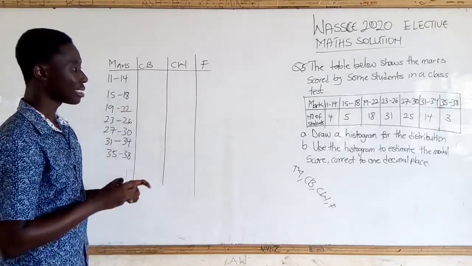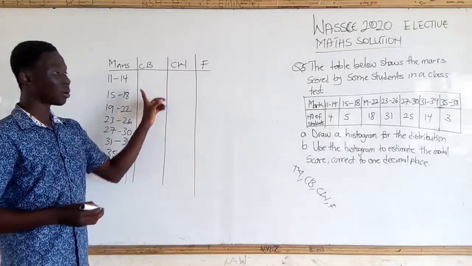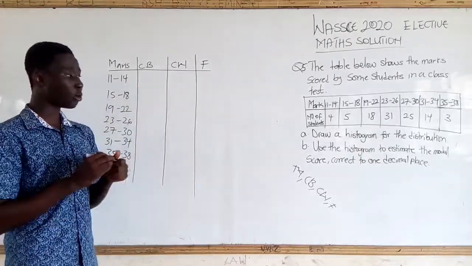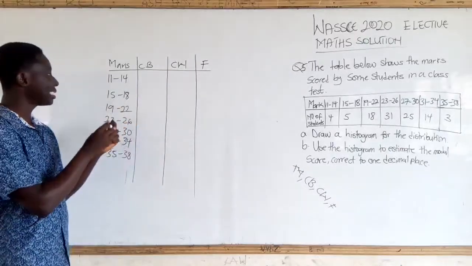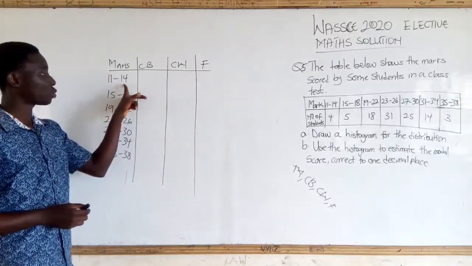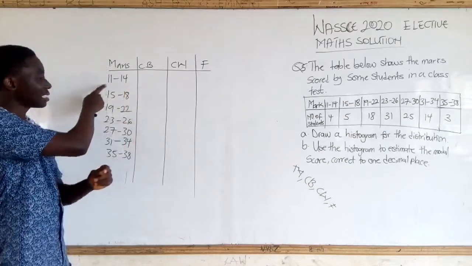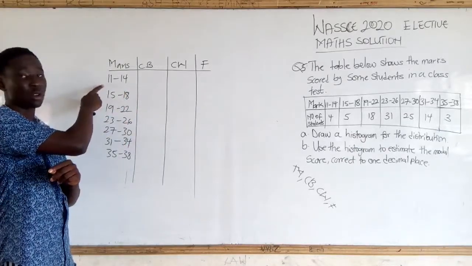So this is the mass. And then we will move on to the class boundaries. We determine the class boundaries by adding 0.5 to the upper class and then deducting 0.5 from the lower class.